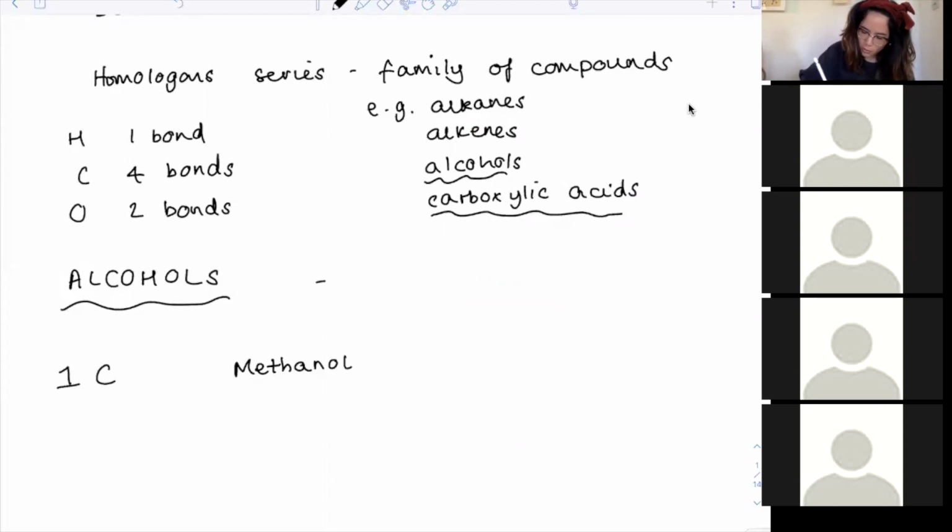Well, the functional group of the alcohols, so the special set of atoms which make it an alcohol, is OH. So somehow we've got to incorporate what we know about alcohols containing OH and the fact that we need 1 carbon atom. So here's the carbon atom. I'm going to draw the functional group straight onto it, and then it's a matter of filling in the hydrogens to make up the rest of the molecule.